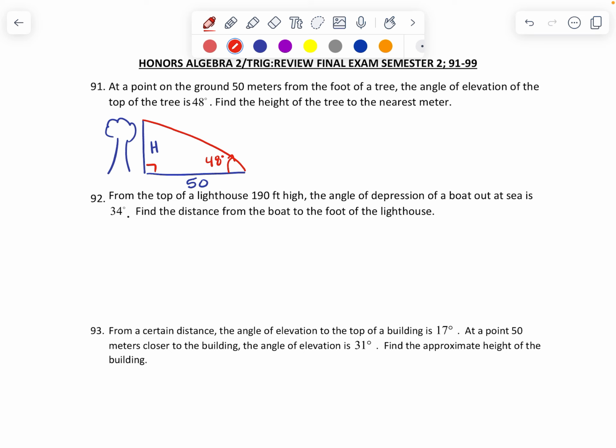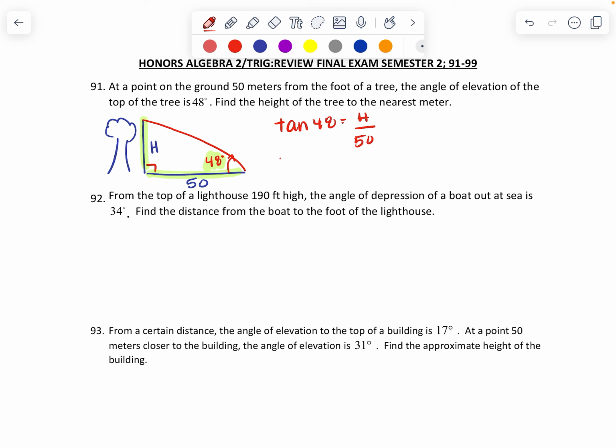Okay, so it says find the height of the tree. So what I have here, I can use SOHCAHTOA since it's a 90. I have an angle, I have its opposite side, and I have its adjacent side. So opposite over adjacent is tangent. So I can do tangent of 48 is H over 50.